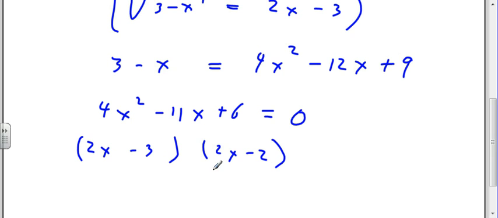But if I have 4x and an x, and I went minus 3 plus 2, that doesn't work either.